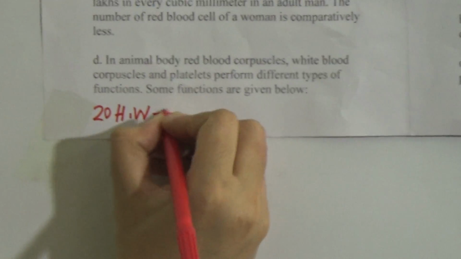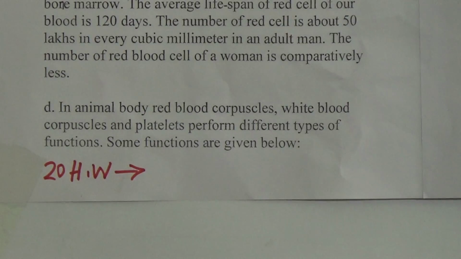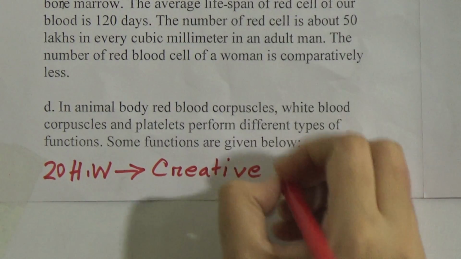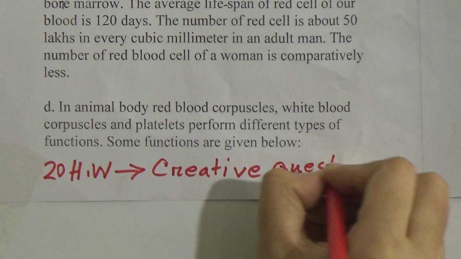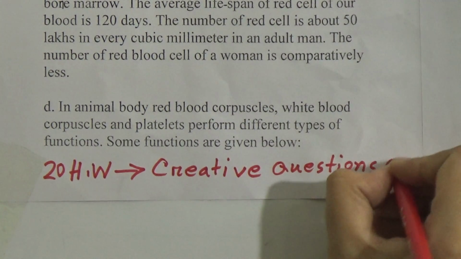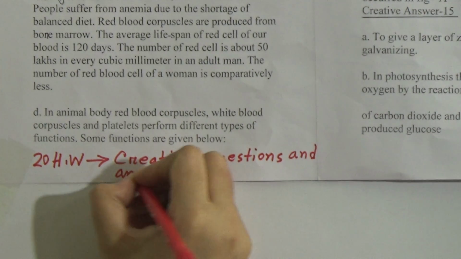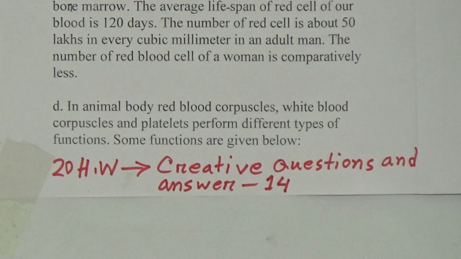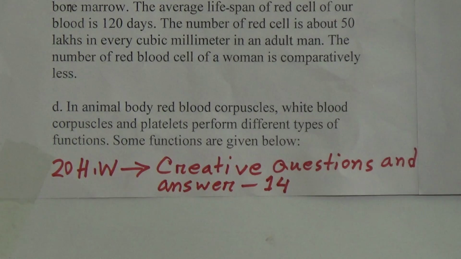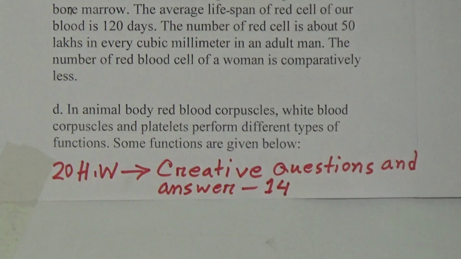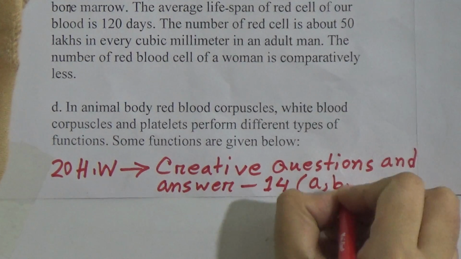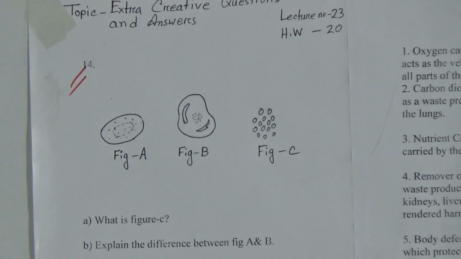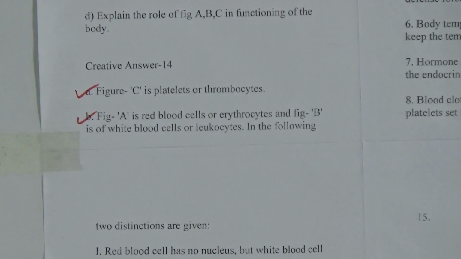This is 20 number homework and your homework will be creative question number 14, based on this suggestion, and the sub-questions will be A, B and C. That means this 14 number creative question and the sub-questions are A number, B number and C number.